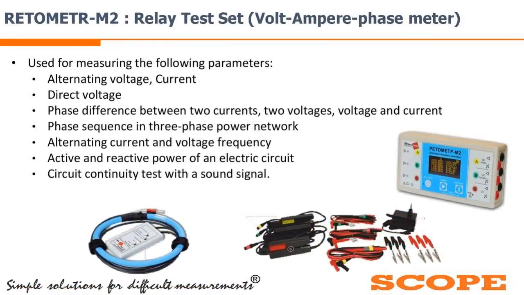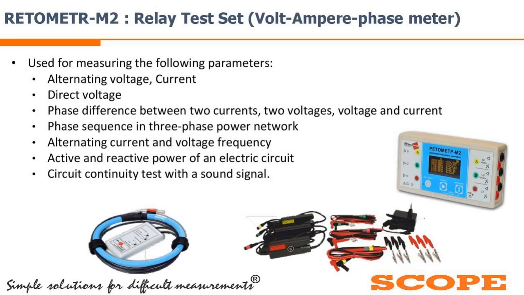The Ratometer M2 is basically used for measurement of the following parameters: alternating voltage, alternating current, direct voltage, phase difference between two currents, phase difference between two voltages, and phase difference between current and voltage.